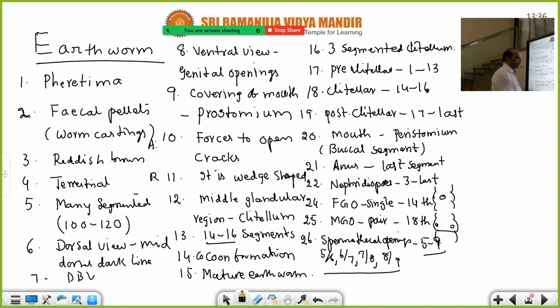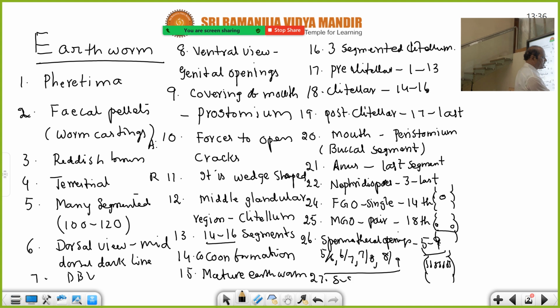And coming to the S-shaped structures present in the middle of the segment, they are arranged like this. Suppose for example this is the middle of the segment. Take one segment like this. Here these S-shaped structures are arranged like this, in the middle of the segment, embedded in epidermal pits.